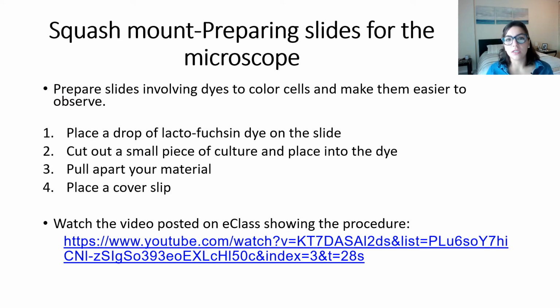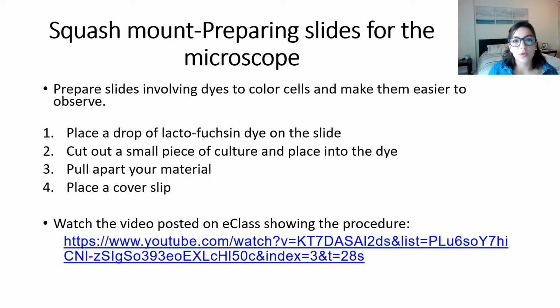The other important technique we usually use to observe different microorganisms is the squash mount, and it allows us to prepare the slides to observe the microorganism under the microscope. To prepare the slide, we usually use dyes to color the cells and make them easier to observe.